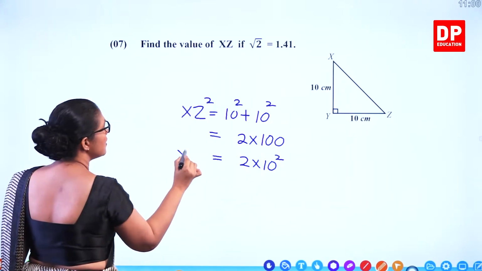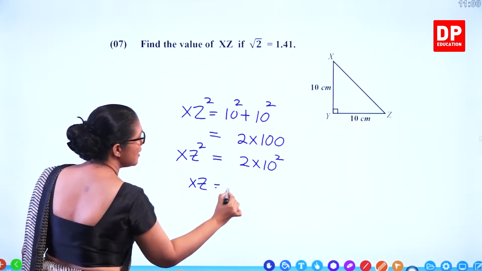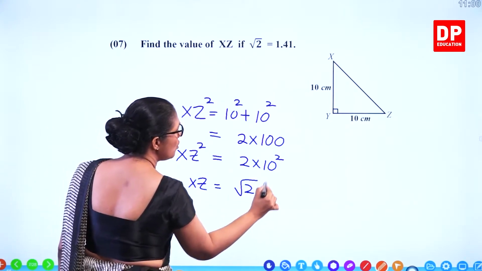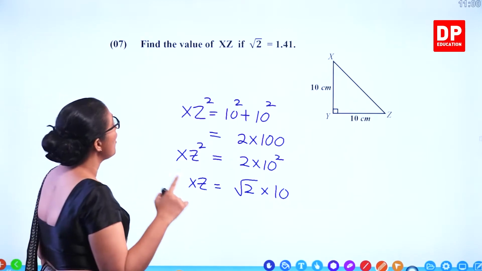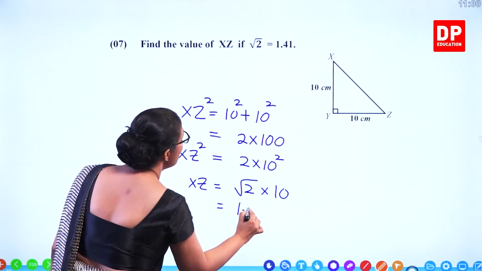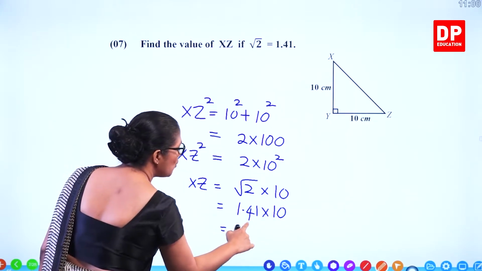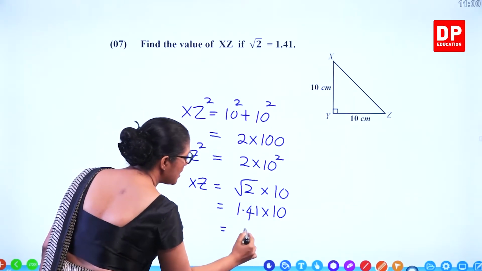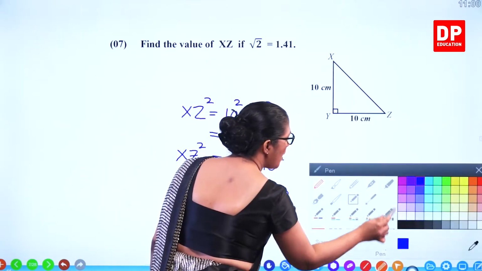Now take the square root of both sides, you get XC equals square root of 2 into 10. So square root of 2 is 1.41 into 10. That means move the decimal place 1 place to the right, 14.1. So you get 2 marks.